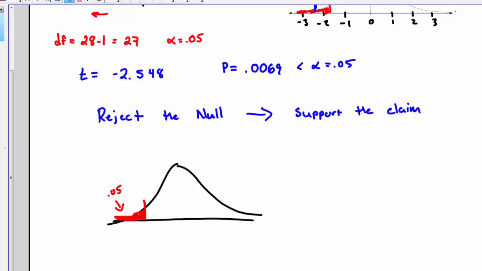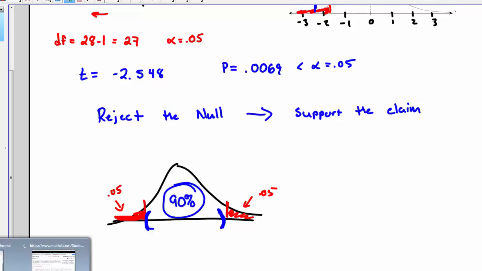So if 0.05 was the size of that rejection region, we have to have symmetry here. So that means I need to think of 0.05 also being over here. Well, if I have 5% on the left and 5% on the right, that leaves me with what? 90% in the middle, which is where my confidence interval is. All right, so this means we're doing a confidence interval with 90%.